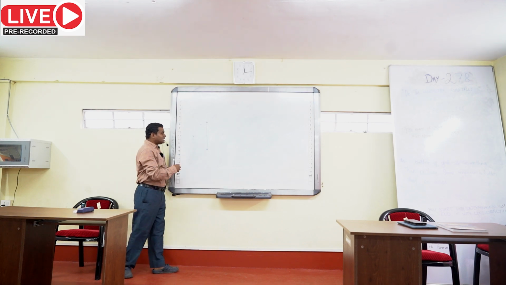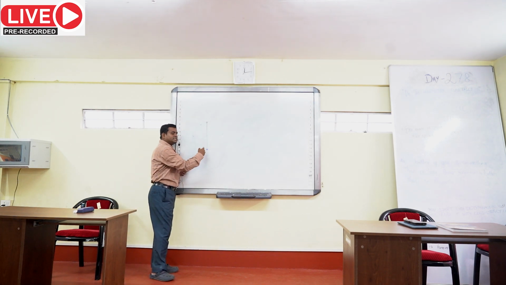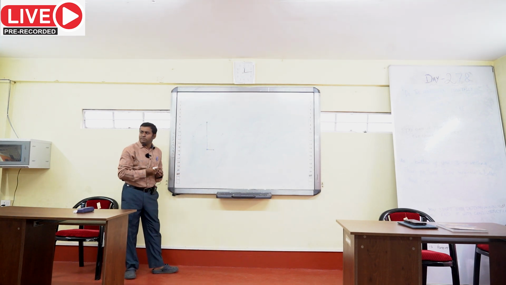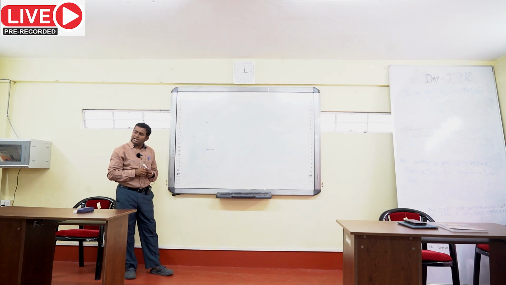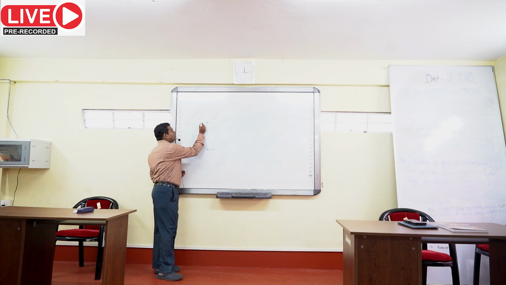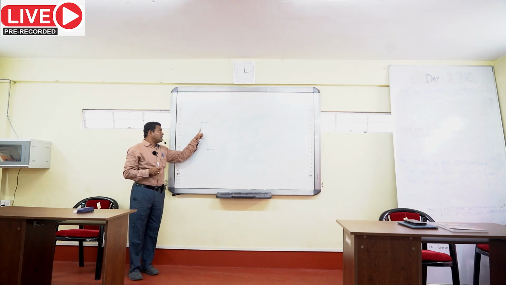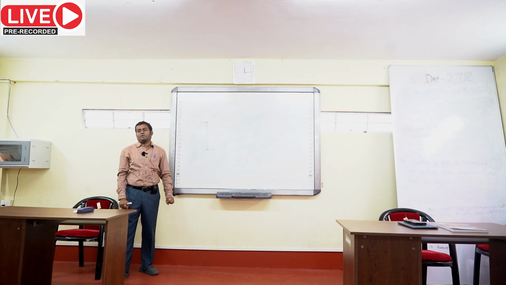Now, at the bottom point, in which direction the stone is moving? This is the direction of the velocity of the stone at the bottom point. Now, at the top point, what is the direction of velocity? What will be the magnitudes of those velocities at this point and at this point? Are they equal or different?